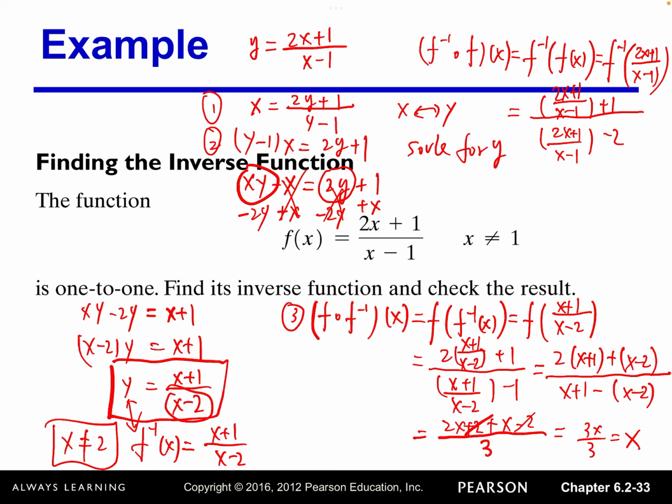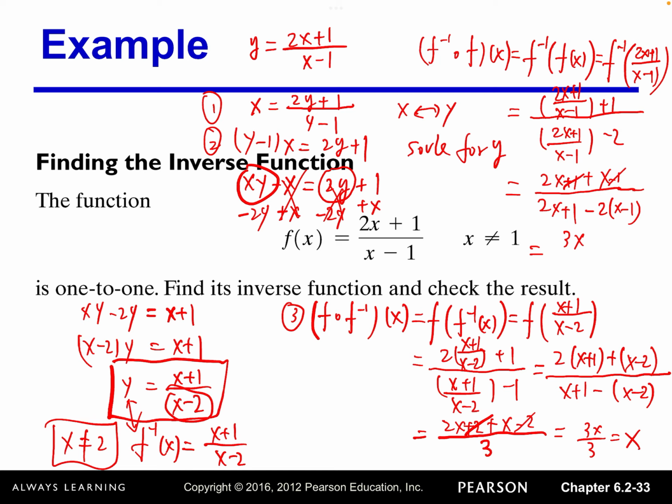And then same thing, both numerator and denominator multiply by x minus 1. So we have 2x plus 1 plus x minus 1. And then 2x plus 1 minus 2 times x minus 1, right? So in the numerator, plus 1 minus 1 cancels. We only have 2x plus x, that's 3x.